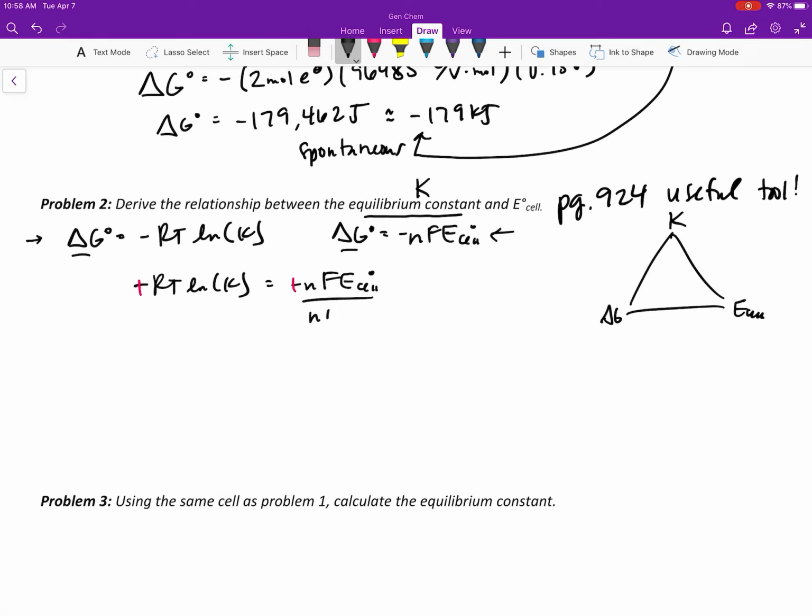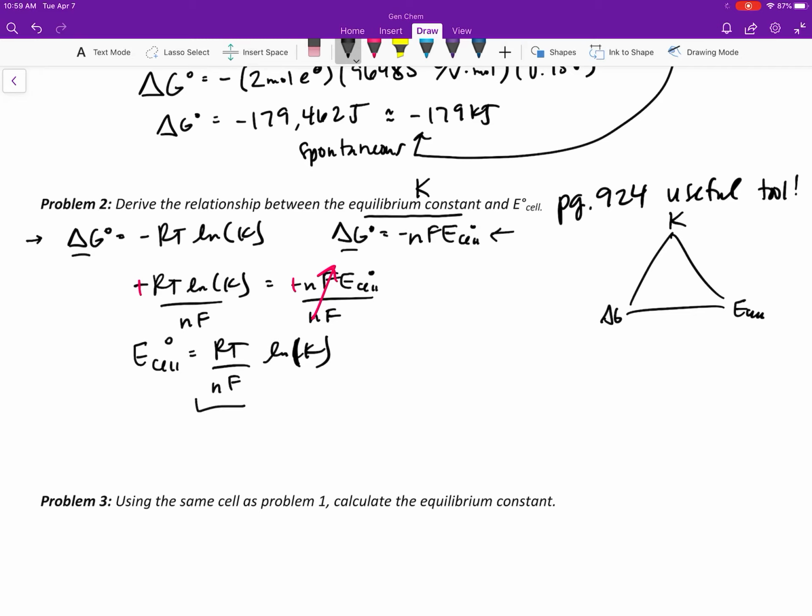So I'm going to divide this to both sides. That's going to cancel these out, leaving me, and I'm going to flip it around. Okay. And so I took out the RT and the NF, and I made that into its own standalone thing, and then ln of K.